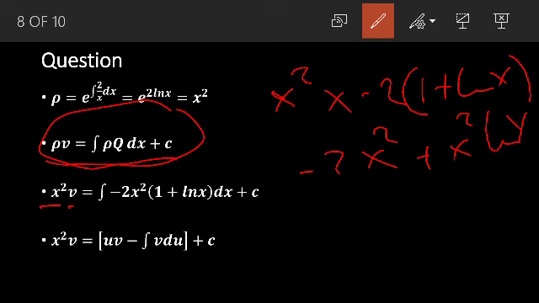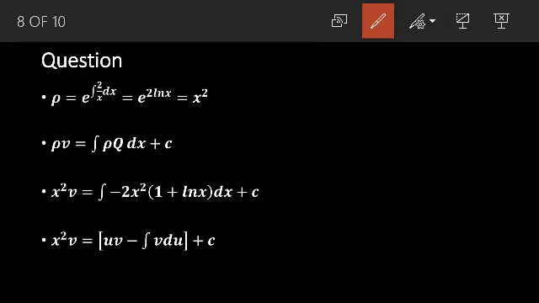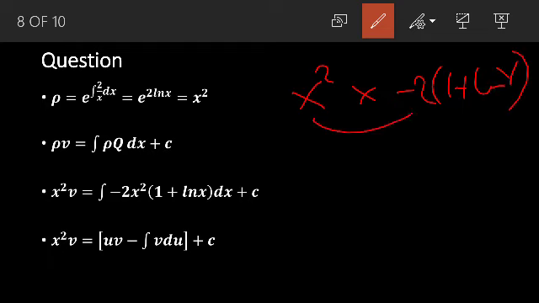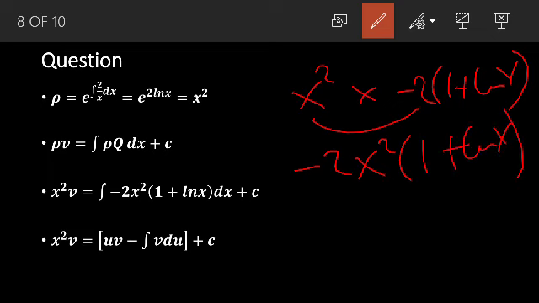Or let's clean this up: x squared times minus 2 into 1 plus ln x gives minus 2x squared into 1 plus ln x, which is exactly what we got here.